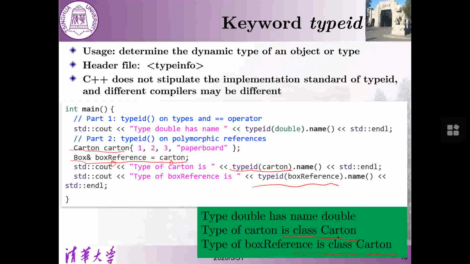The type is still carton. Although it is upcasted to box reference, in polymorphism it is still a carton object. So typeid outputs the correct type of this object.